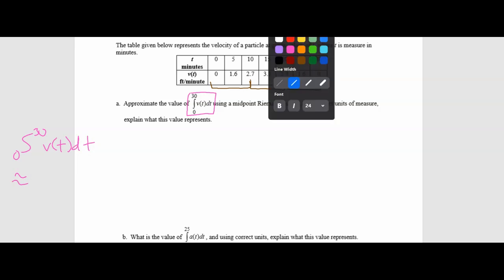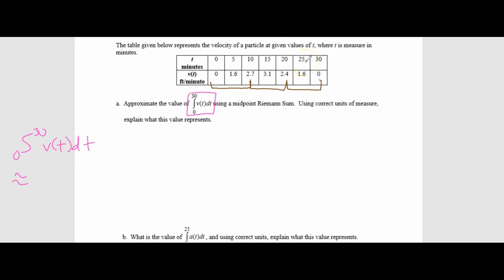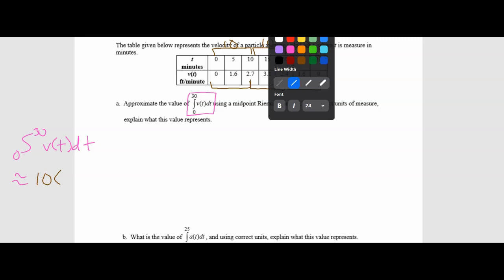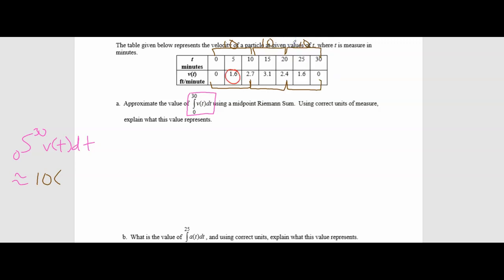So this integral right here, that's going to be approximately equal to, remember for midpoint Riemann sums, you're doing rectangles. So the base of the first rectangle is 10, right? Because our intervals span x lengths of 10. The height of each rectangle is going to be the y value of the midpoint.